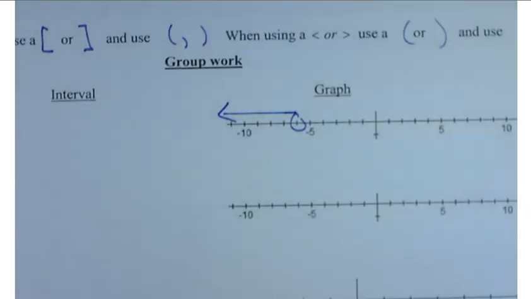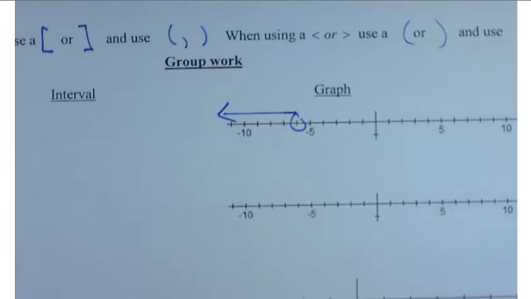With that drawn, try and write down for yourself the interval. What interval goes with that? In terms of the left-hand endpoint and the right-hand endpoint, what interval goes with that? All right, so what'd you get?